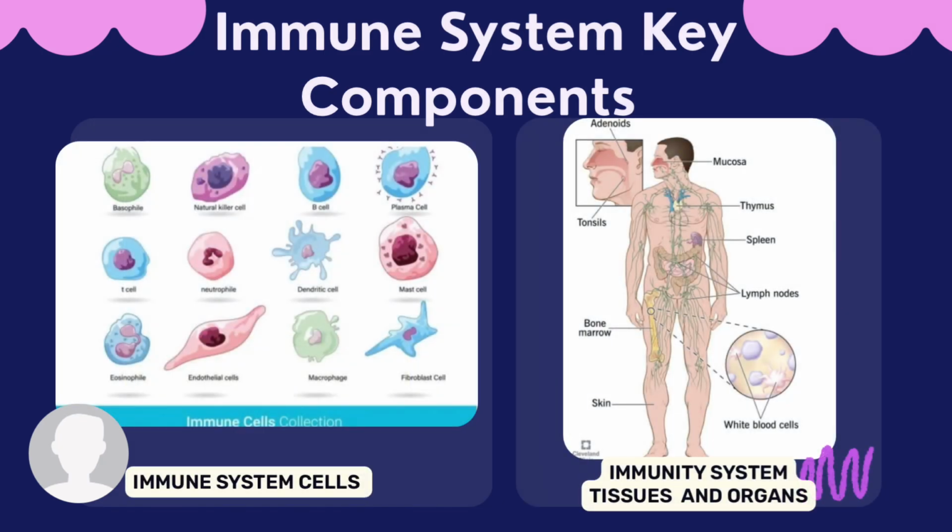The key components of the immune system: the cells, the organs, and tissues. The immune system is complex and is divided into two categories, the innate immunity and adaptive immunity.